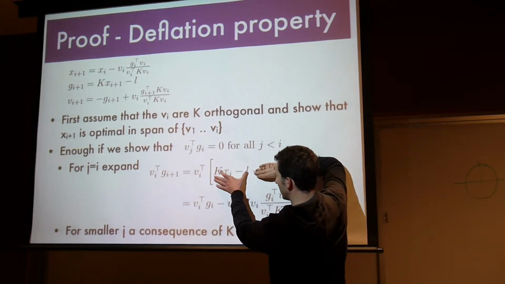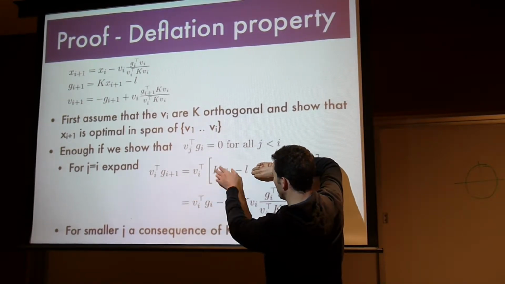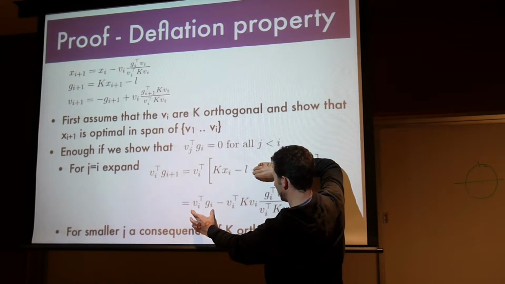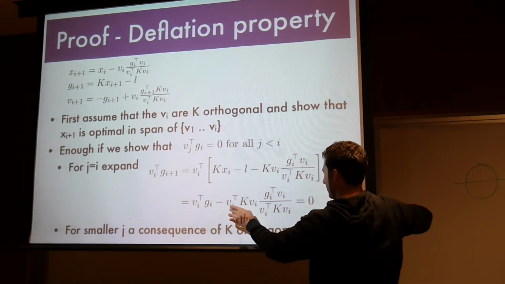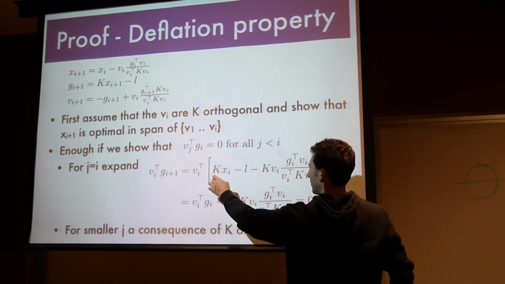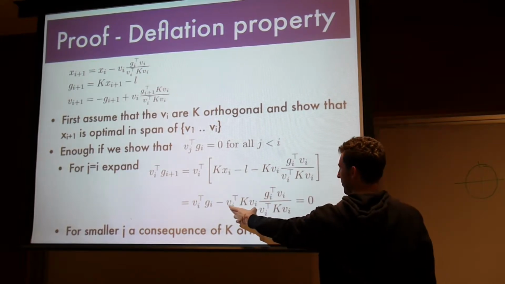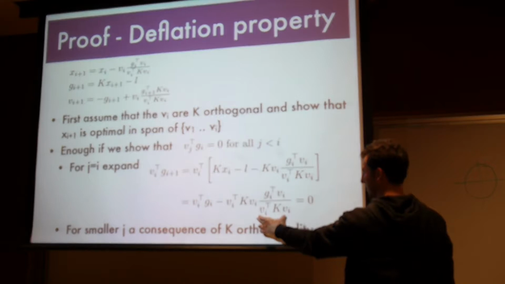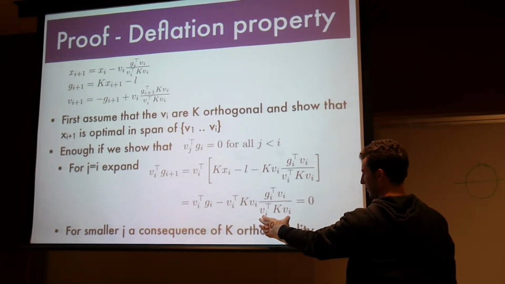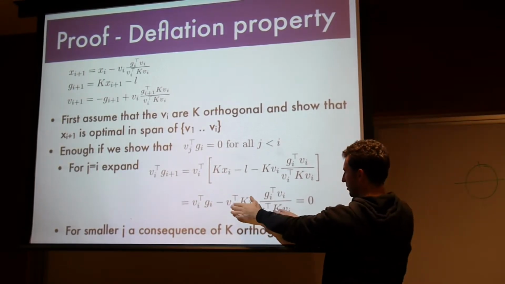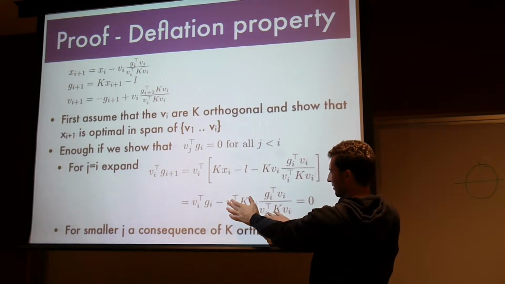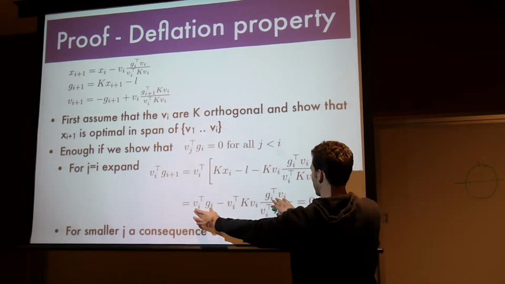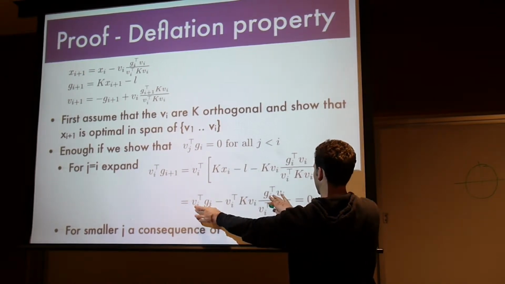This was our old gradient, so that was vi transpose gi, minus vi transpose k vi times gi transpose vi divided by vi transpose k vi. Now these two terms cancel out, and I get vi transpose gi minus vi transpose gi, which equals 0.